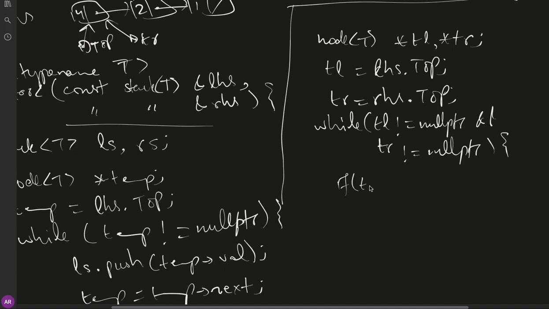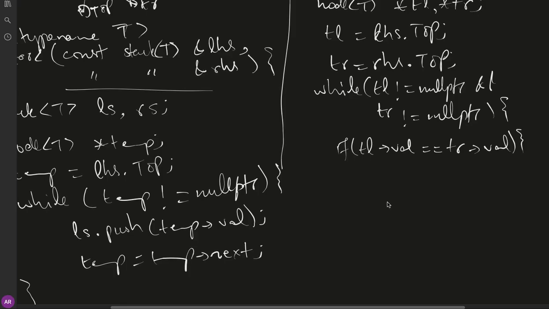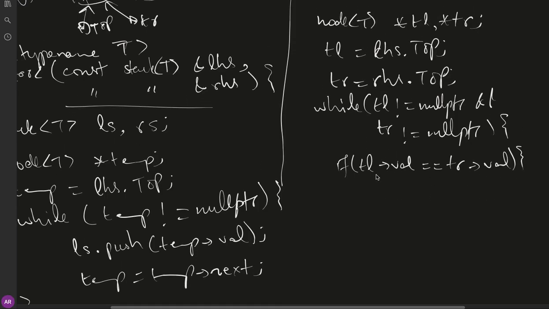So if temp left dot val is equal to temp right dot val, we move both the pointers forward. So temp left is equal to temp left dot next and temp right is equal to temp right dot next, and we continue the loop.